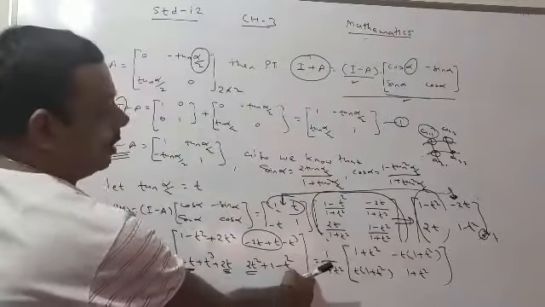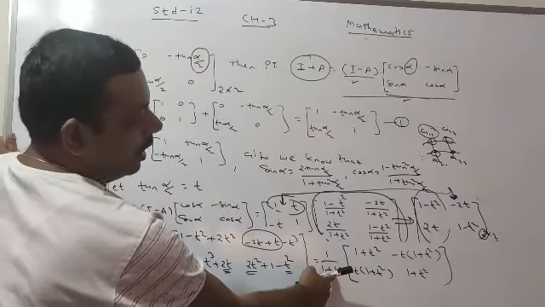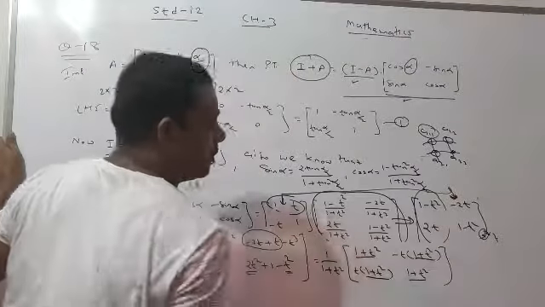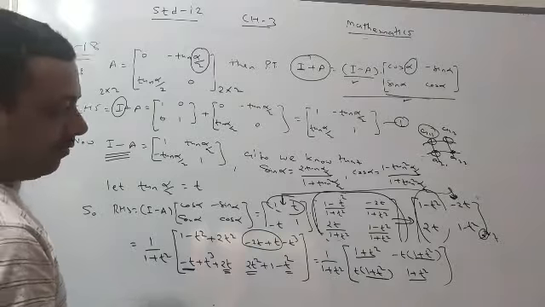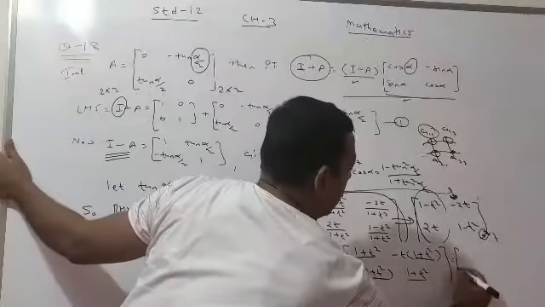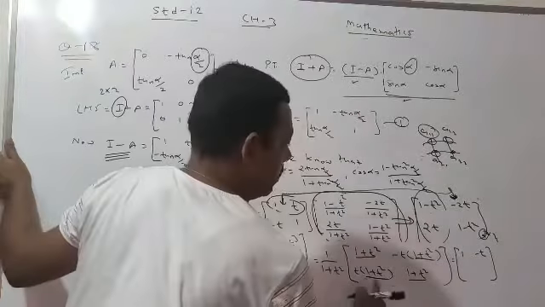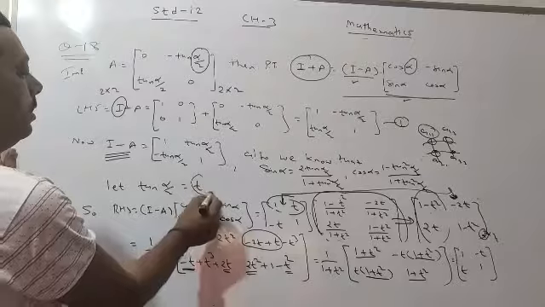Now see here. Here 1 plus t square is outside in the denominator and each term contains 1 plus t square. So they get cancelled. So what is left finally? The finally left answer is 1 minus t, t and 1. But what do you mean by t?